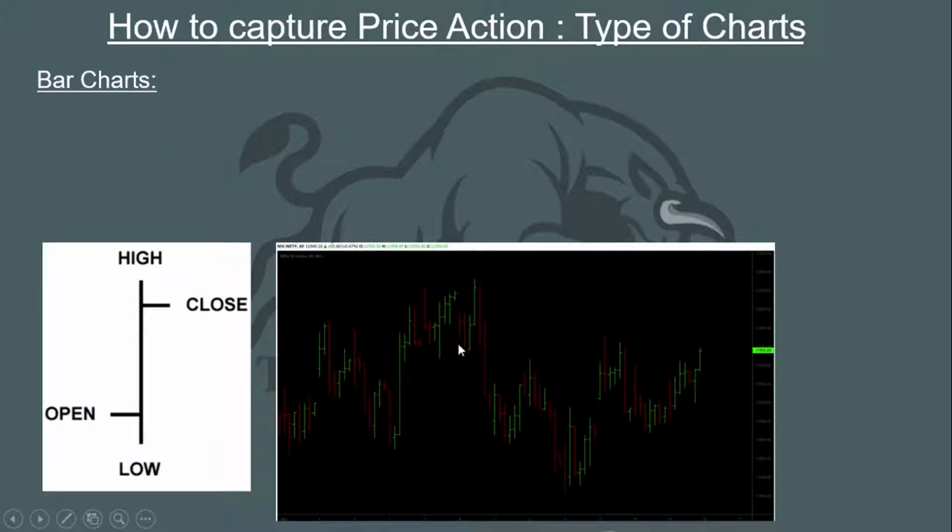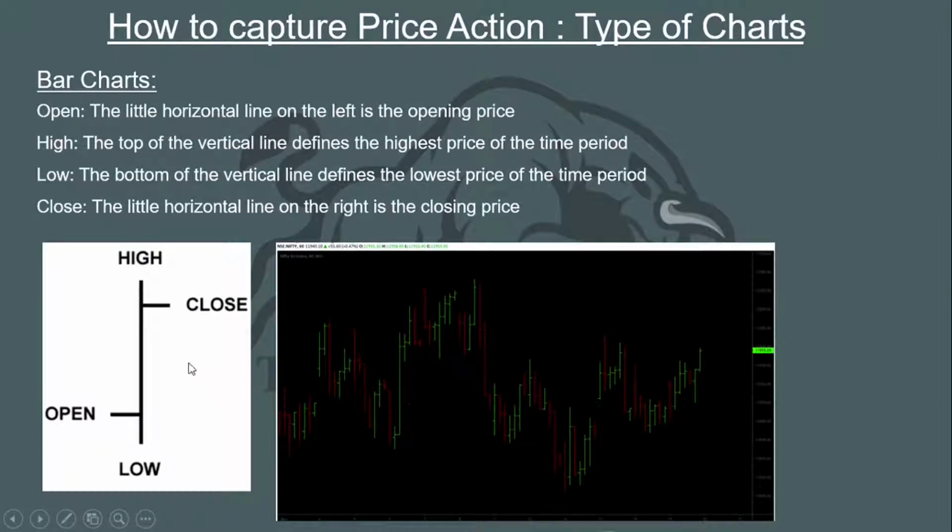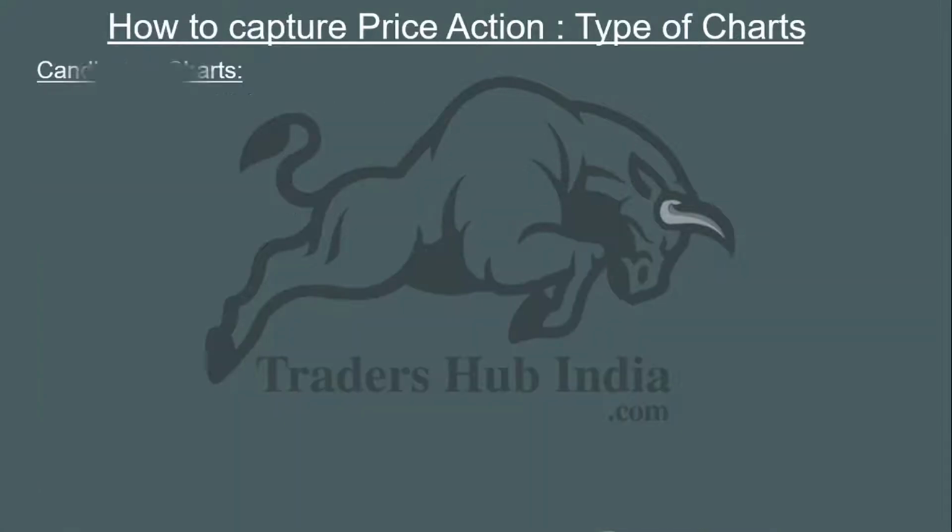In the charts we can easily identify this by means of colors, red and green. And when the closing price is lower than the open price, then the open price will be shown here and the closing price will be marked here.